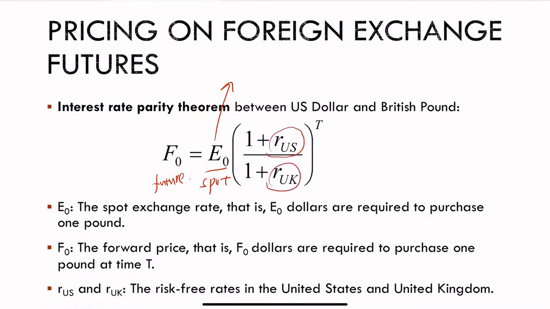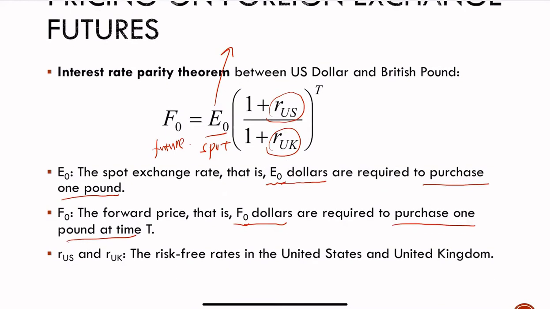So RUS is the US interest rate, and RUK is the interest rate in the UK, right? That's why this is also called the interest rate parity theorem. Now remember that E0 basically means you need E0 dollars to purchase 1 pound, right? That's how you define exchange rate. F0 means you need F0 dollars in the future at time t to purchase 1 pound.